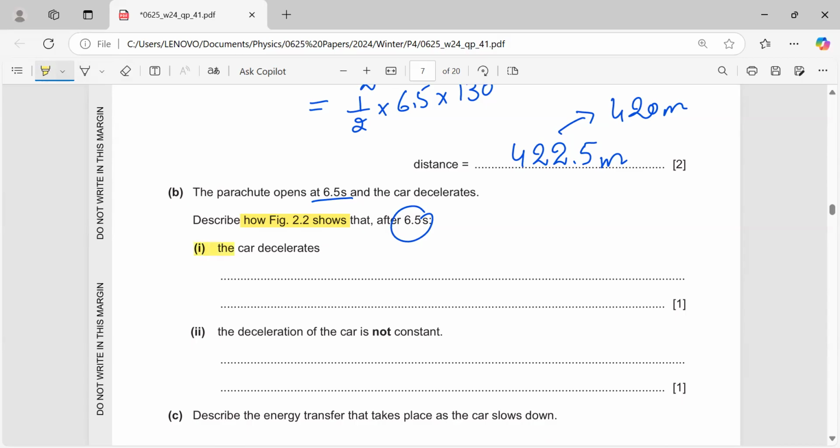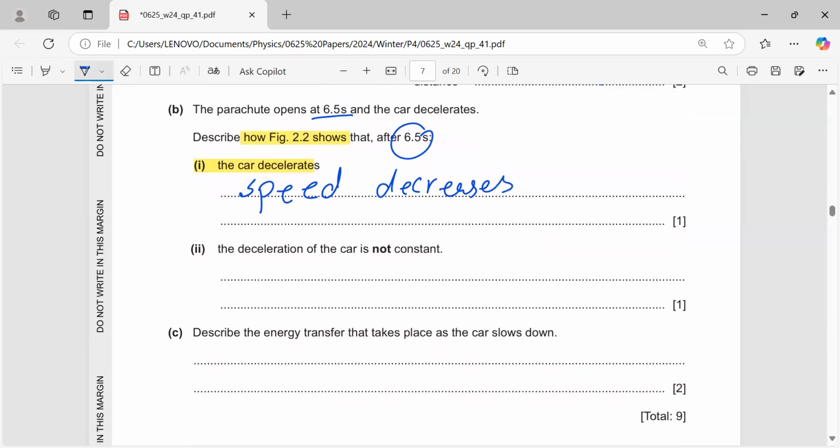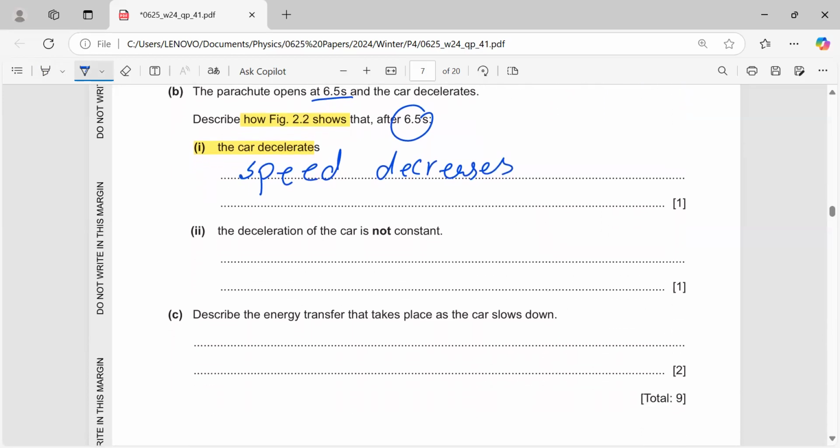First question is how you can tell that the car decelerates by looking at the graph. You can say that after 6.5 seconds the speed is decreasing. Or you can even say that the gradient is negative because speed is continuously decreasing.